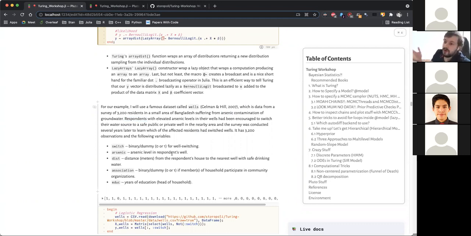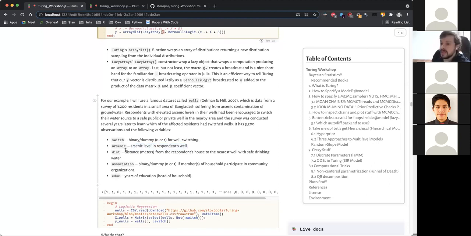So our dependent variable is switch, whether the respondent switched his well, his water supply or not. We have arsenic, that's the arsenic level. I don't know how it's measured or how to interpret those units. We have distance, that's in meters, from the respondent's house to the nearest well with safe drinking water.